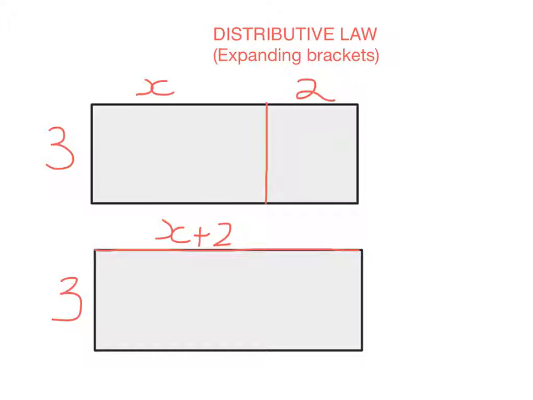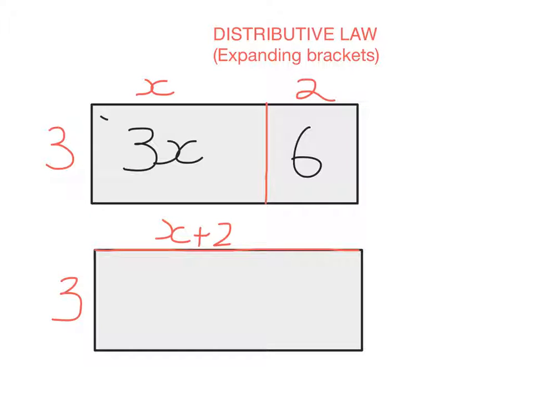Now these have the same area. In the top one, I can find the area of the big rectangle by finding the area of the smaller rectangles. The area of this rectangle that I've just shaded in would be 3 times X, length times width. And the area of this rectangle would be 3 times 2, which is 6.